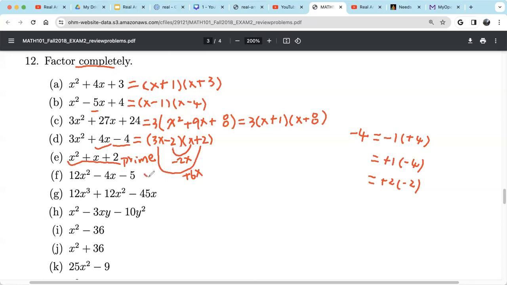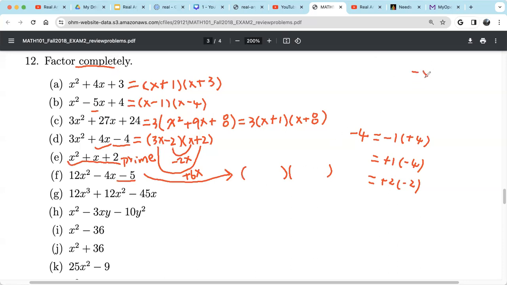Now let's see f. So we want to play with the factors of 12 with negative, well, -5 is only one way, right? So -5 is only one way, either +1, -5, or +5, -1. Let's use this corner to do that.